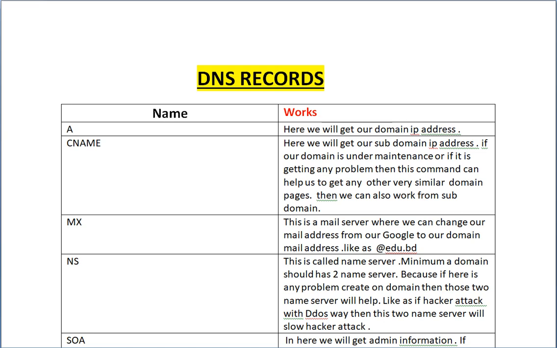When I open my Gmail, my address interface looks like at gmail.com. So how is it possible that someone is sending mail to me from an address at edu.bd? Actually, this happens with the domain mail server.